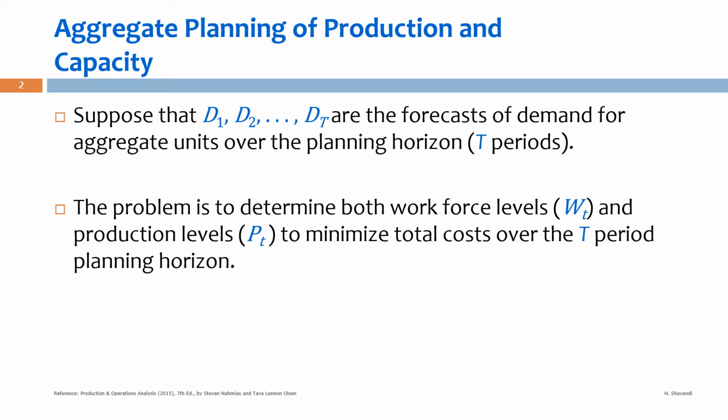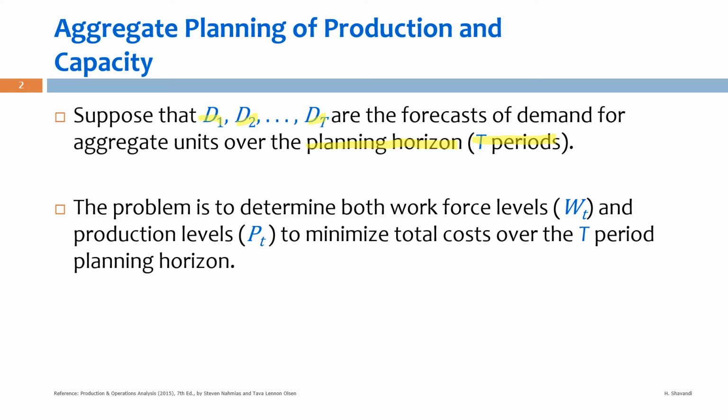So in aggregate planning, we assume that we are going to plan for the T periods ahead. So the planning horizon will include T periods, okay? And here we assume that we have forecasted the demand over the T periods. So we have D1, D2 up to DT, the demands in the future planning horizon.